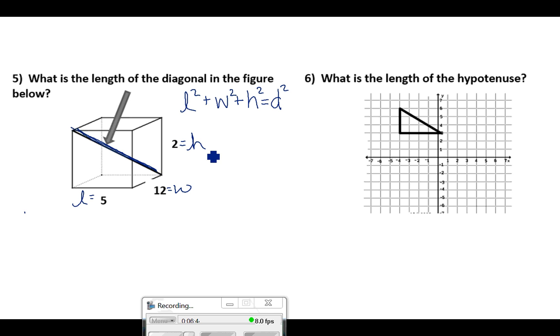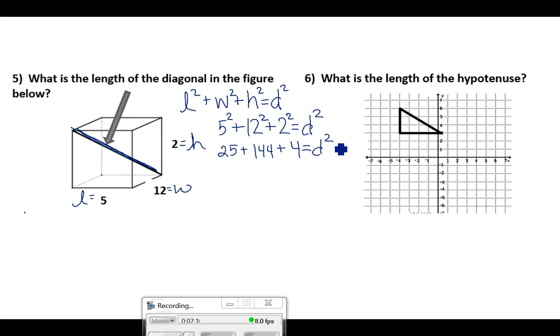The l is 5, so 5 squared plus 12 squared plus 2 squared equals d squared. And we're going to continue to solve it. 5 times 5 is 25 plus 12 times 12 is 144 plus 2 times 2 is 4 equals d squared.